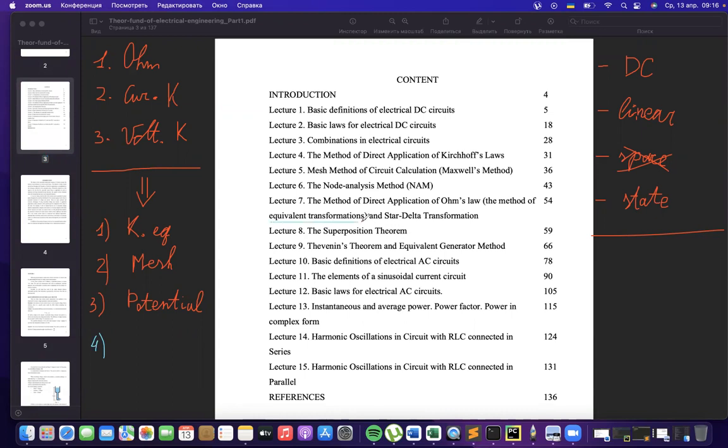It means to simplify a circuit using some transformation, where instead of some part of the system, we put another part of the system that is simpler in number of resistors or, in general, number of elements. The best word is transformation.